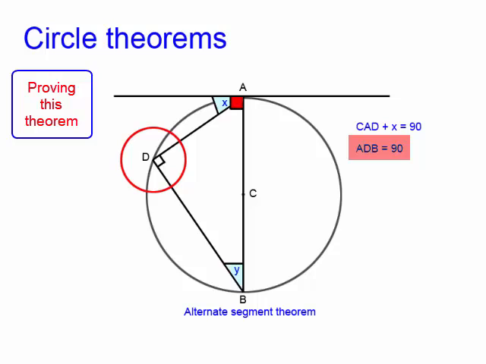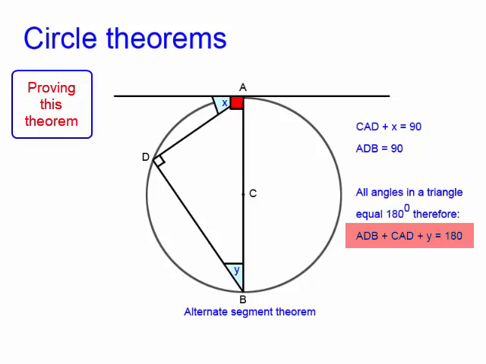Angle ADB is an angle in a semicircle, so this angle is 90 degrees. We also know all the angles in a triangle add up to 180 degrees, so angle ADB plus CAD plus y must equal 180 degrees. We know angle ADB is 90 degrees, so we can write this as 90 plus CAD plus y equals 180 degrees.